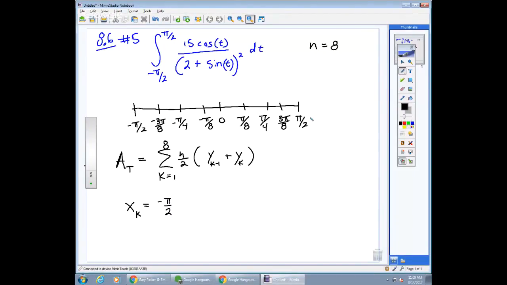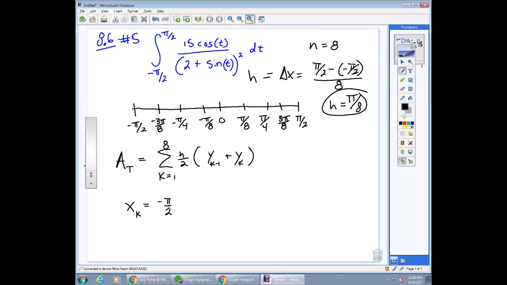The width of these subintervals is the width of the whole interval, so that's pi over 2 minus negative pi over 2, divided by how many intervals you want. That's what we call delta x, or often in this chapter, h. Cleaning that up, that's pi over 2 plus pi over 2, which is pi. And like we see here, all these guys are pi over 8 apart. So that's my h, or delta x.